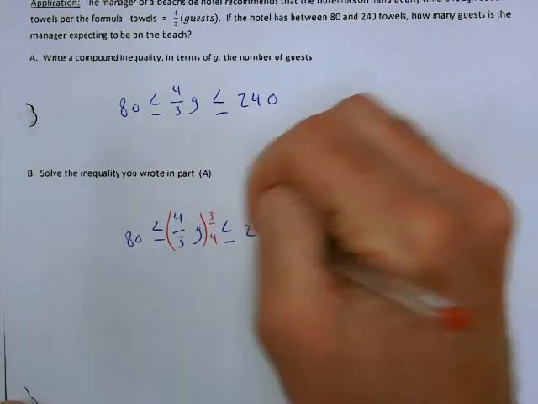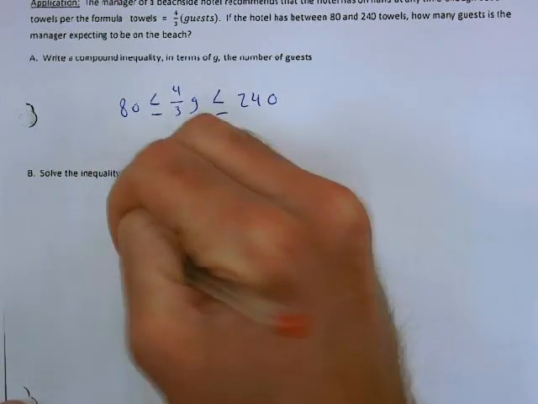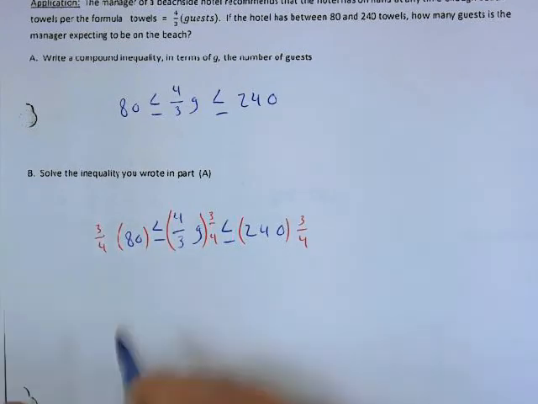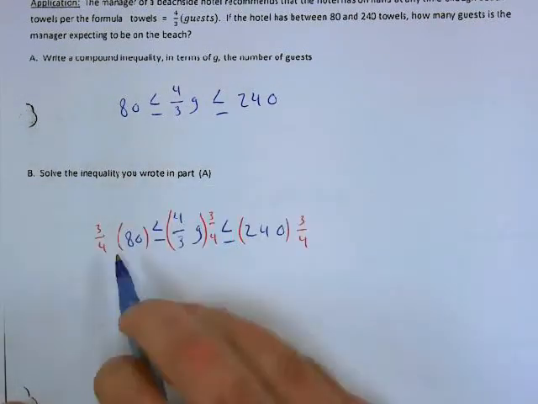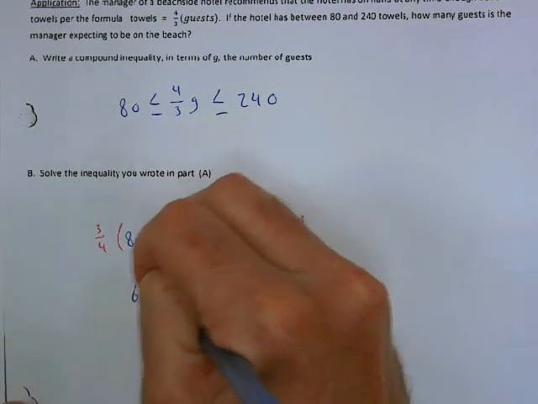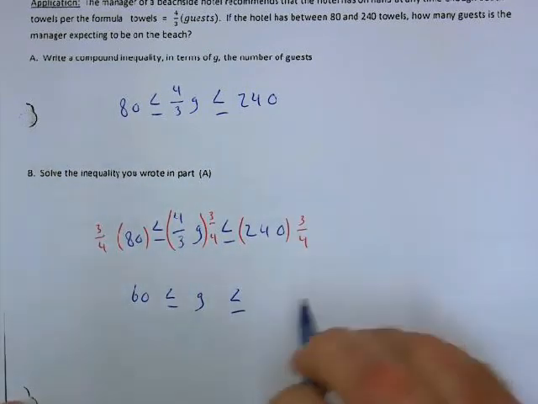So I want to multiply everything by 3/4. And then that gives me 3/4 of 80. Again, this just means multiply by 3 and then divide by 4, or divide by 4 and multiply by 3. But we get 60 less than or equal to G, less than or equal to, let's see, that'd be 180.